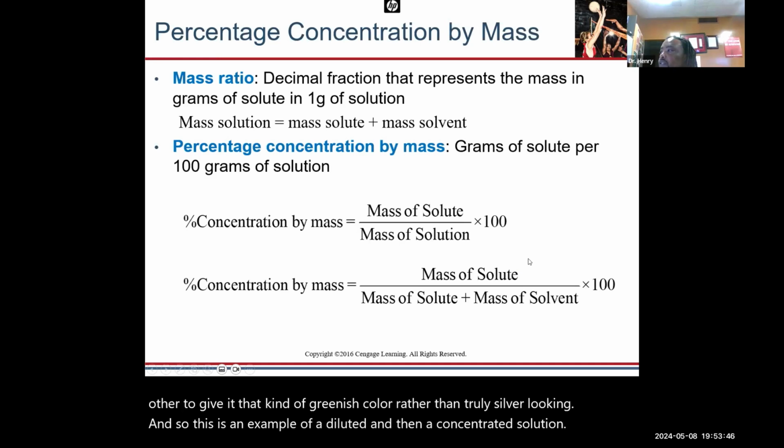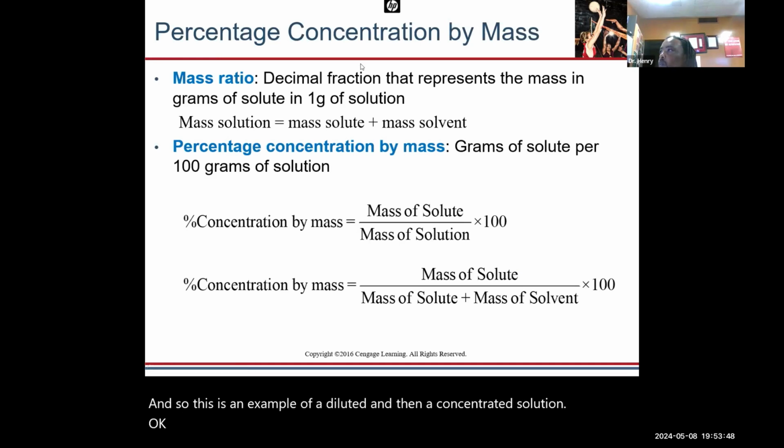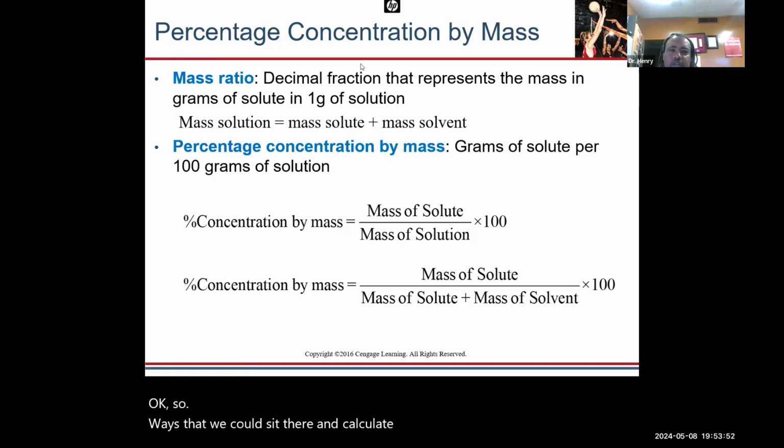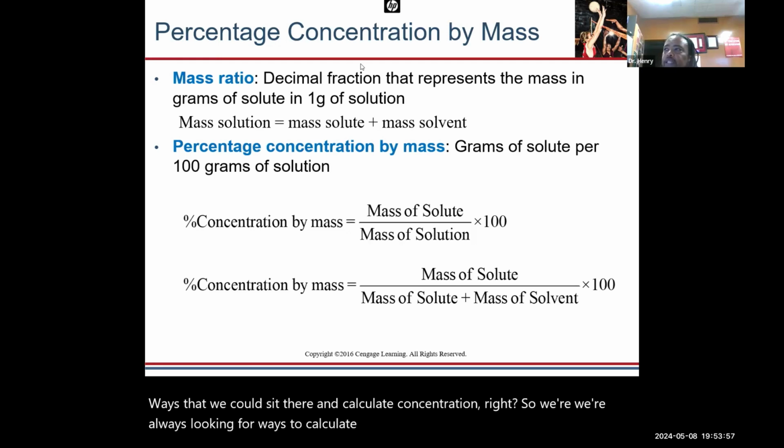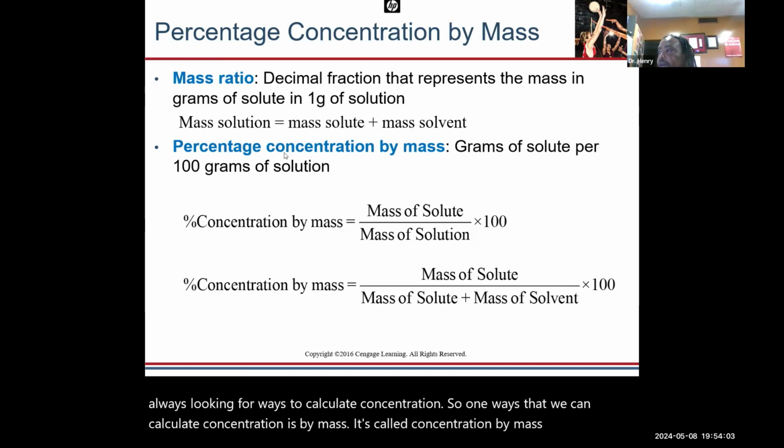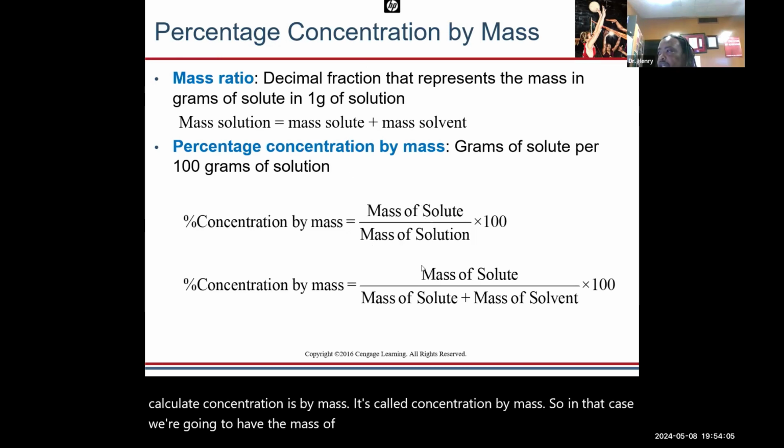Okay, so ways that we could calculate concentration, right? So we're always looking for ways to calculate concentration. So one way that we can calculate concentration is by mass. It's called concentration by mass. So in that case, we're going to have the mass of the solute divided by the mass of the solution multiplied by 100. Okay?